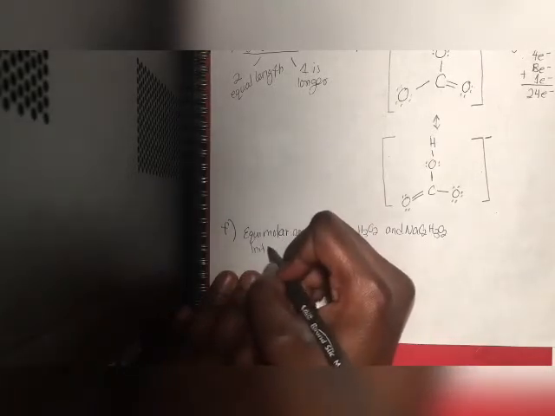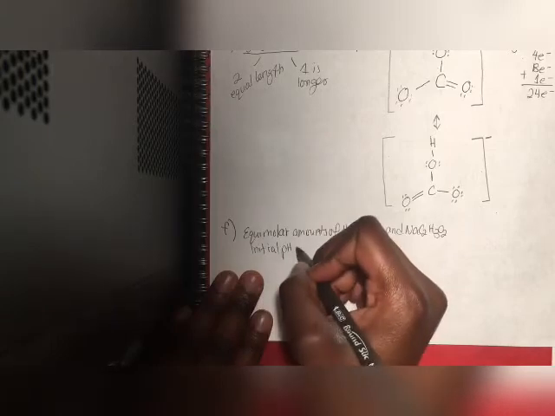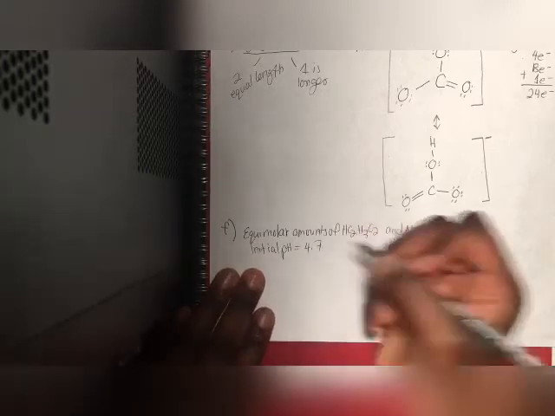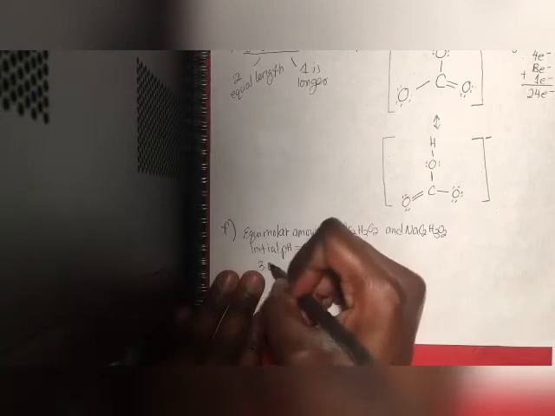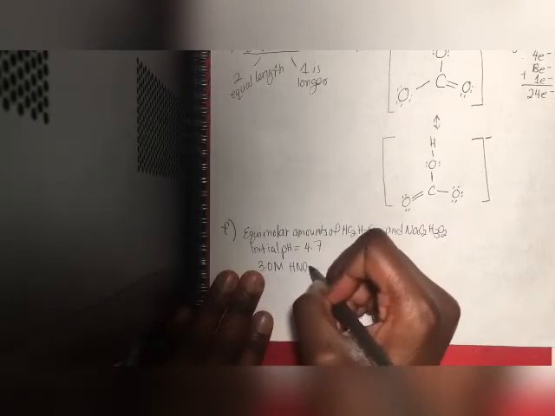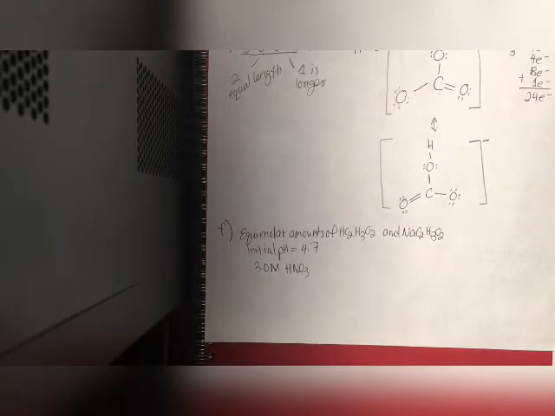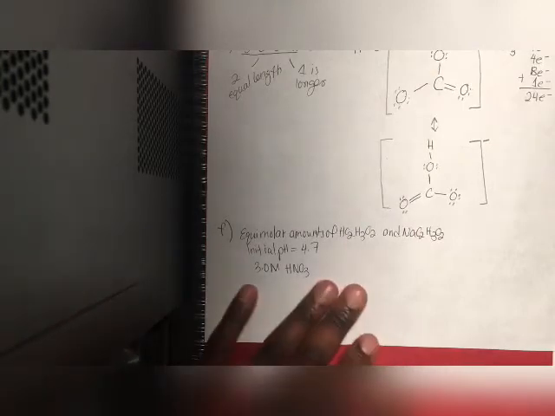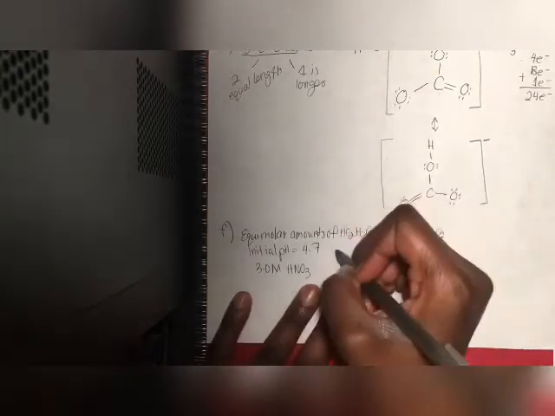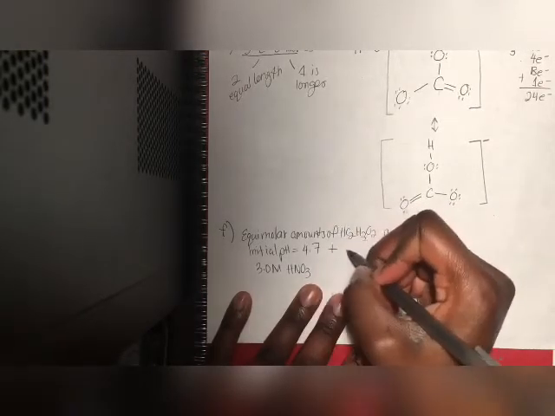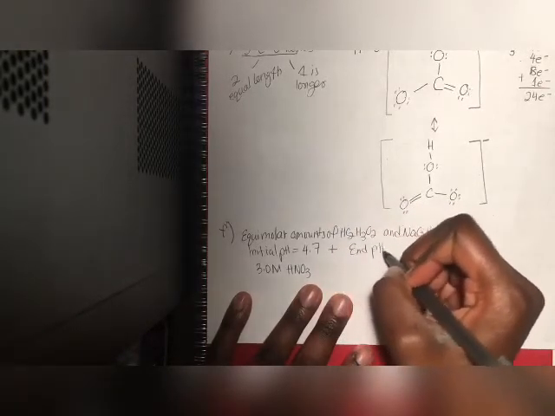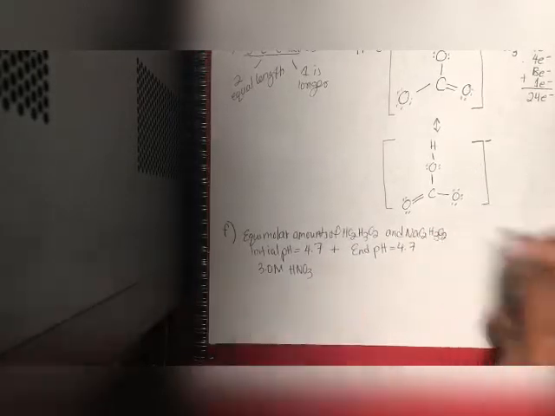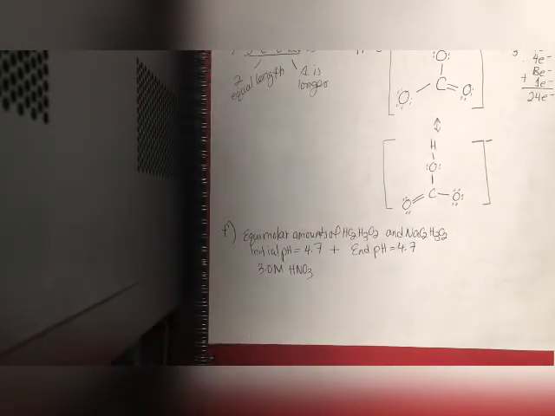The initial pH is 4.7, and the student adds 3 molar HNO3, nitric acid, and stirs the sample, observing that the pH remains at 4.7. Okay, so the pH is the same. Write a balanced net ionic equation for the reaction between HNO3 aqueous and the chemical species in the sample that is responsible for the pH remaining at 4.7.